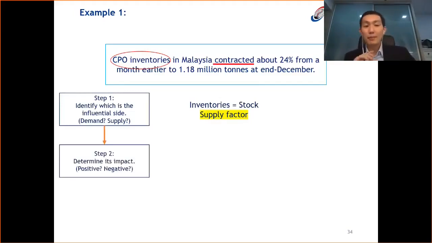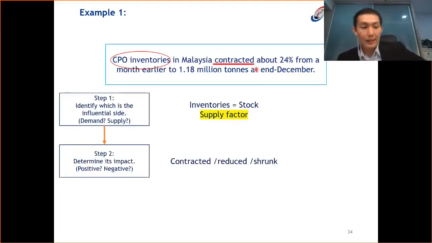Now, step number 2: you need to determine its impact, whether it is positive or negative. Here we have highlighted the keyword, which is contracted, and other synonymous words that people generally use are reduced, shrunk, or dropped. So here we know that the stock, or the inventory, is coming down.